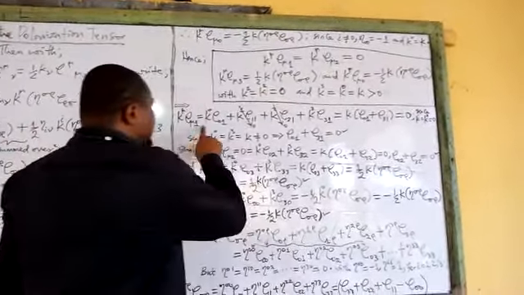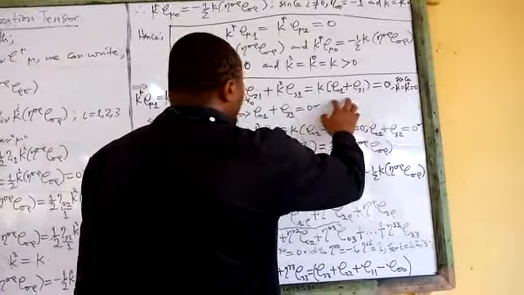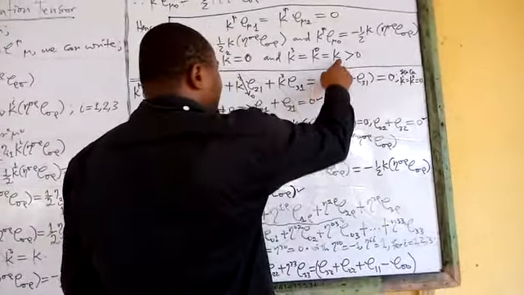So these two middle terms are 0 because of the presence of the K1 and K2. And what we are left with in the end is this first and last term. But then K0 and K3 are both equal to K, so I can pull that out of the bracket. And I'm left with just E0 1 plus E3 1, with the whole thing being equal to 0. And of course, K is greater than 0 here, is not equal to 0, so I must have whatever is left in the bracket to be equal to 0.